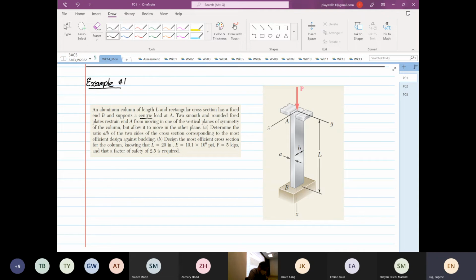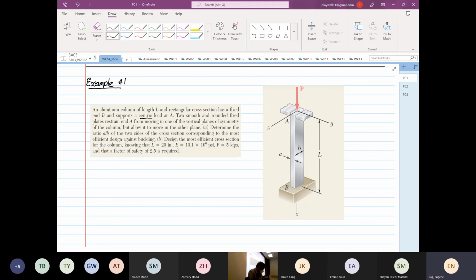B, design the most effective cross section of the column knowing that length L is equal to 20 inch, E is 10.1, the load is 5 kips, or kilopounds of load, and a safety factor of 2.5.